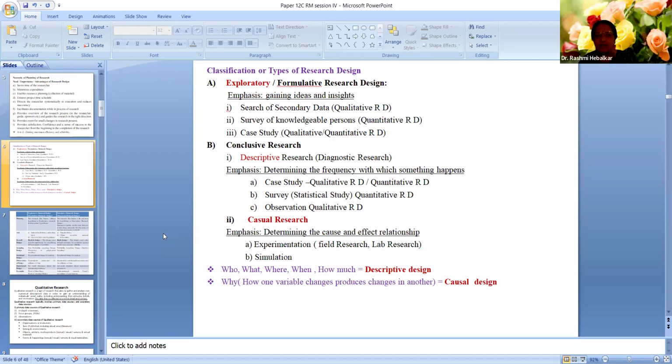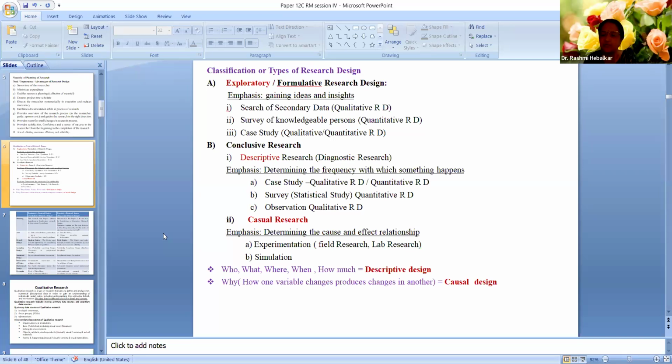Now, as I have told you, in research there is no syllabus; you are to decide your syllabus. So on the slide, whatever is available, you are to decide what design you are going to do. Secondary data is generally a must, because last time we did the portion on literature review. Without literature review, you don't get insights. You don't get the ability to design the questionnaire for getting the information, and therefore secondary data is a must.